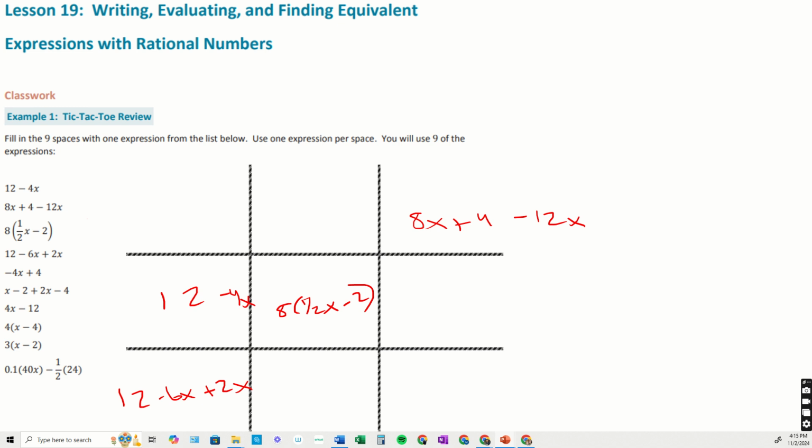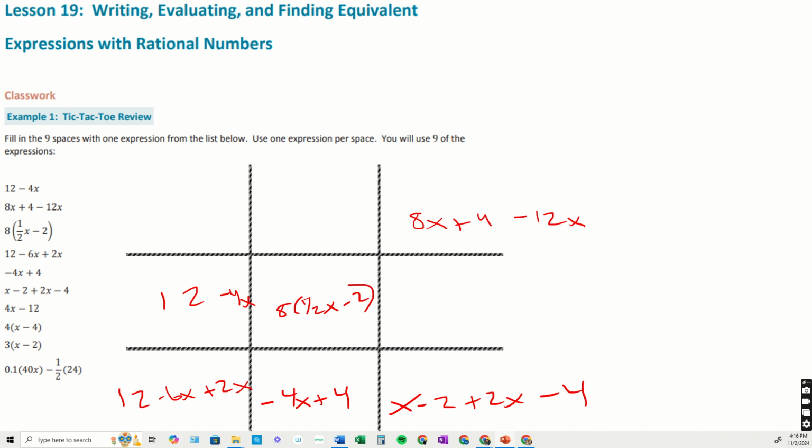And what do we got? Negative 4x plus 4. Put there. X minus 2 plus 2x minus 4. It's a long one. I'm going to put over here. 4x minus 12.